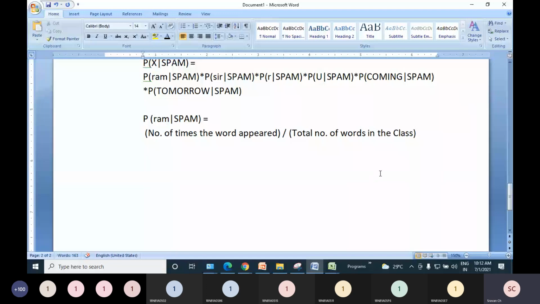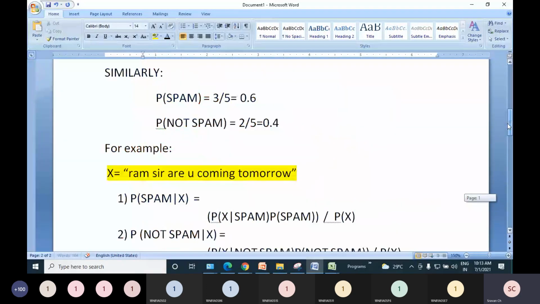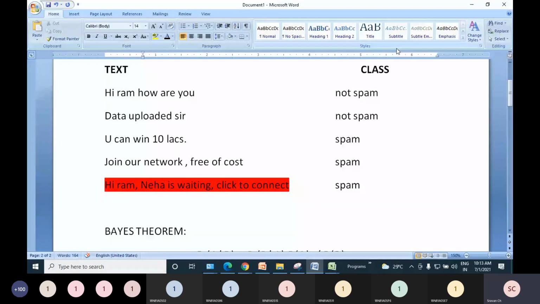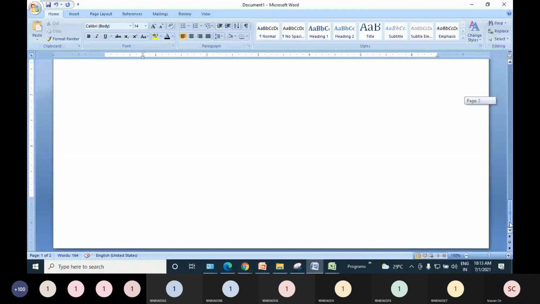How many times has the word Ram appeared? Come on, respond in the chat box. So what we have to do is count the total number of words in the class. Which class? Spam class. In your data set, you have 5 records, out of which 3 records are spam records. In those 3 records, you count how many words are there, and how many times Ram appeared.